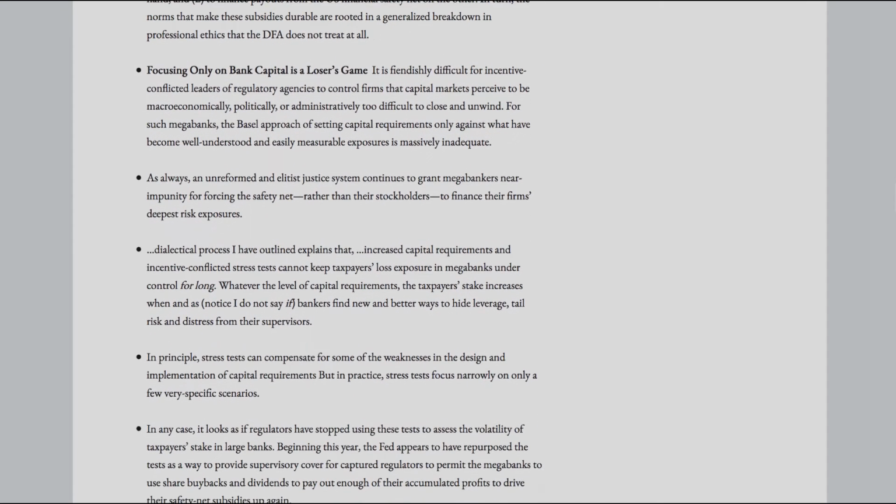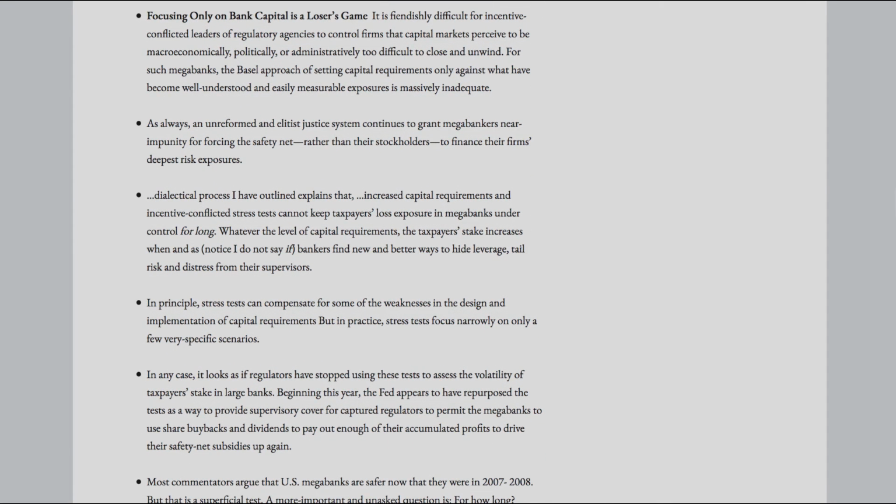Focusing only on bank capital is a loser's game. It is fiendishly difficult for incentive-conflicted leaders of regulatory agencies to control firms that capital markets perceive to be macroeconomically, politically, or administratively too difficult to close and unwind.